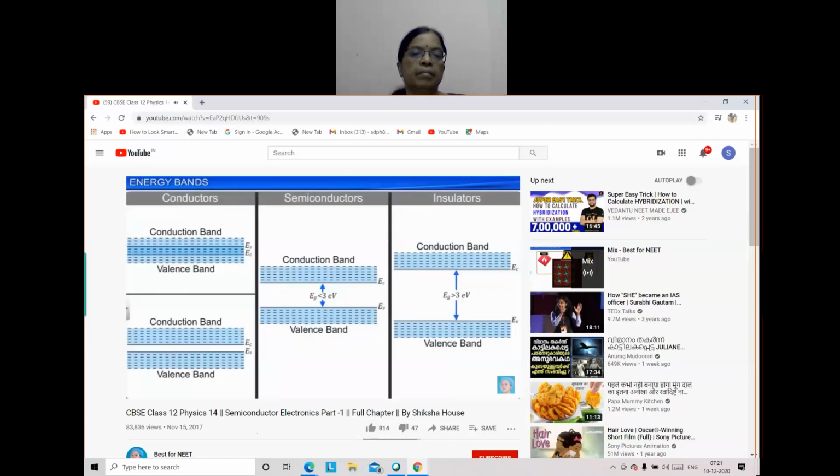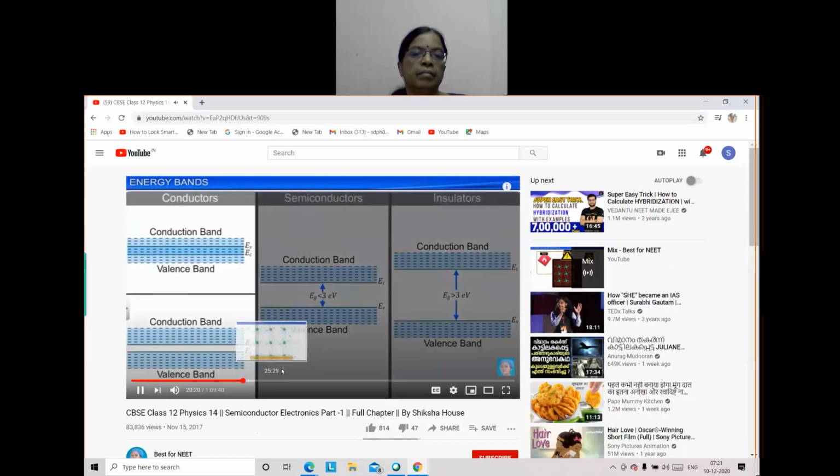semiconductors, and insulators. Okay, children, here there is an important question. Based on the energy band diagram, differentiate conductors, semiconductors, and insulators.